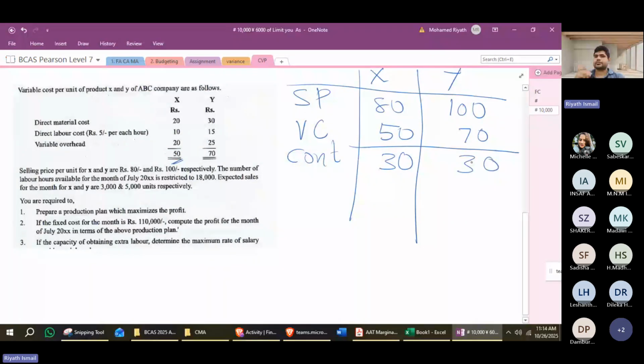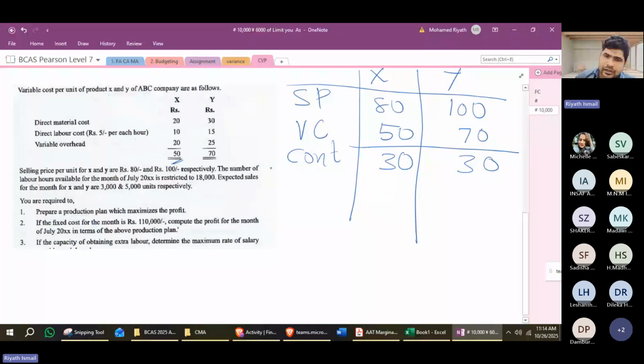So both of them give us equal contribution. Second step, we have to find out the limiting factor.